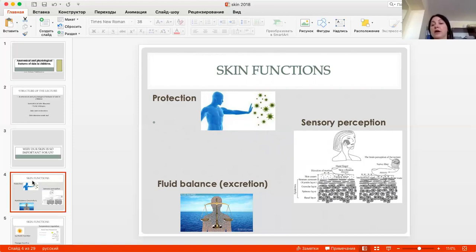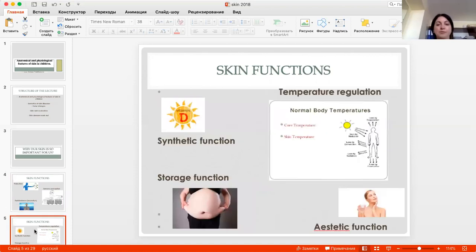Sure, it's important to understand that skin has a function of sensory perception. So, skin is a very important sensory organ. Sure, skin performs a fluid balance, excreting the fluid from the body and some ions, microelements from the body. And like this helps to maintain homeostasis, talking about the ion homeostasis.